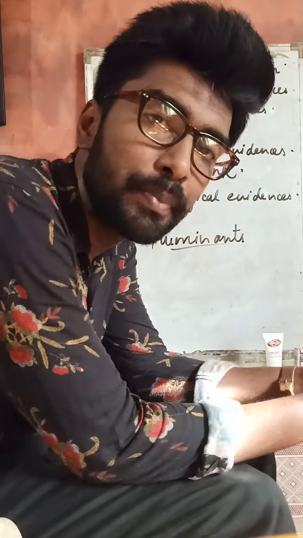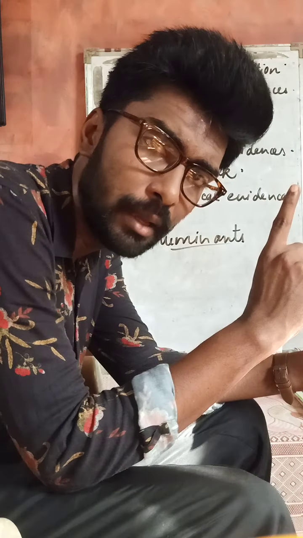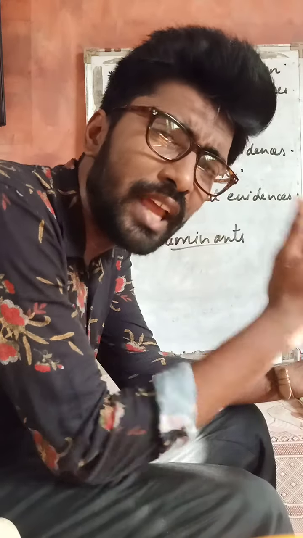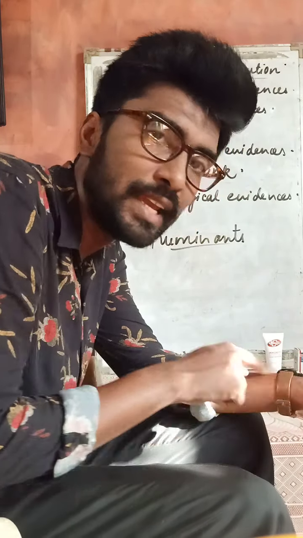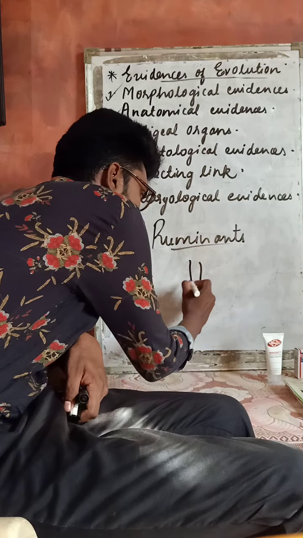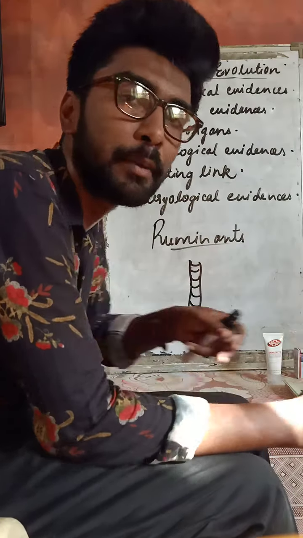Let's have two examples. Number one, peripatus. Peripatus is a connecting link between Annelida and Arthropoda. It means peripatus is a single organism having the characteristics of Annelida and also Arthropoda. Let's have Annelida-like characters. The body is segmented, earthworm-like. They have a thin cuticle. What is cuticle?